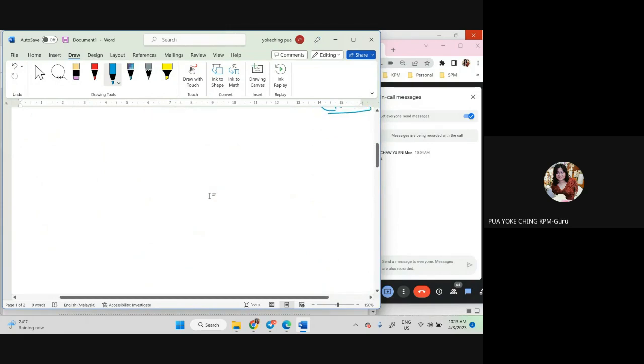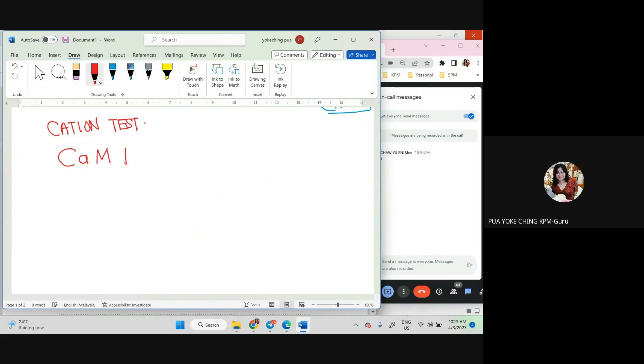Okay. Then we go to cation test. Okay. Cation test. Lukis gambar. Okay.